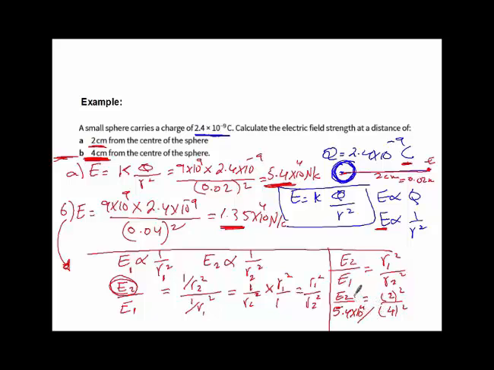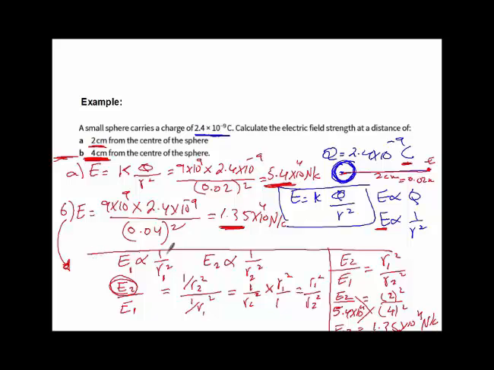From here, one can get E2 equals 4 times 5.4 times 10 to the 4, divided by 16, and this will give you the same value, 1.35 times 10 to the 4 Newton per coulomb.